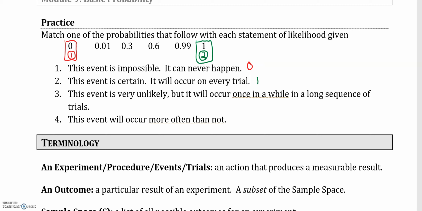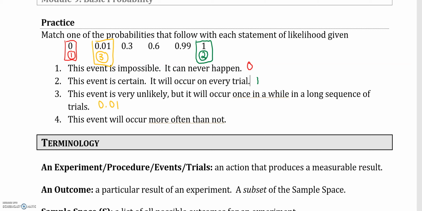Number 3, this event is very unlikely, but it will occur once in a while in a long sequence of trials. Okay, so when something is extremely unlikely, it means that it's very close to 0, and the closest value that we have to 0 is 0.01, which means that for that probability, 1 out of every 100 trials would produce that event result.